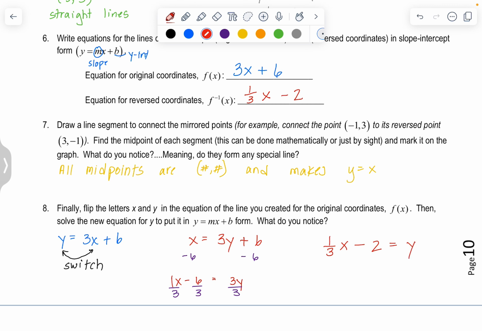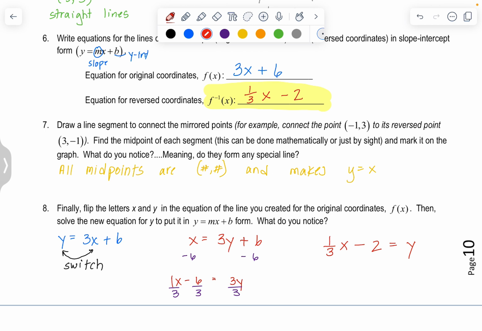And I hope that you notice that 1/3 x minus 2 is exactly what we found when we found the inverse. So what you need to know about inverses is this. If you are given points, then the inverse is found by just flipping the x and the y.